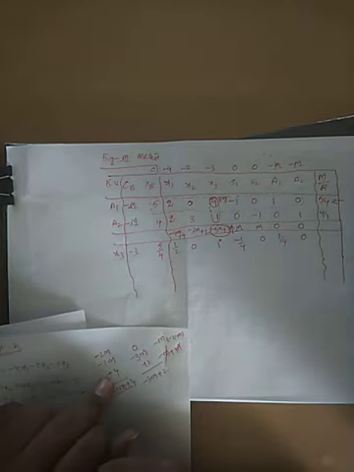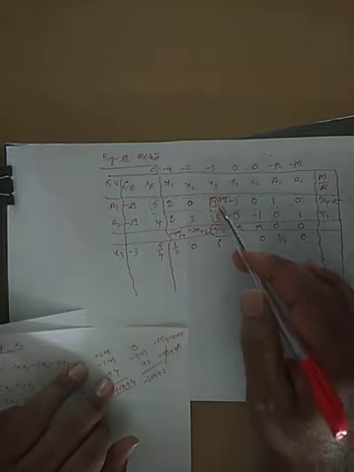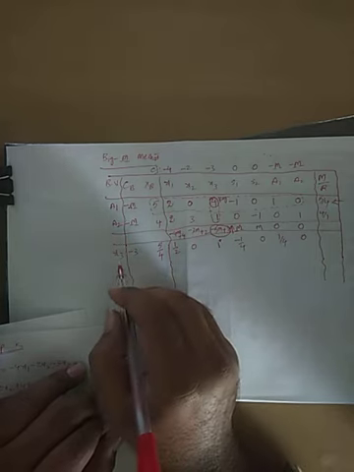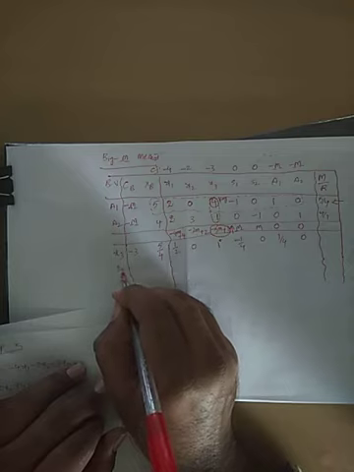Now, after converting the key element into 1, the other elements of that key column should be converted into 0. For that we go for rough work. Before that, what is the second row's basic variable? The above value will come as it is, a2 with minus m. Now I am writing the fresh row.